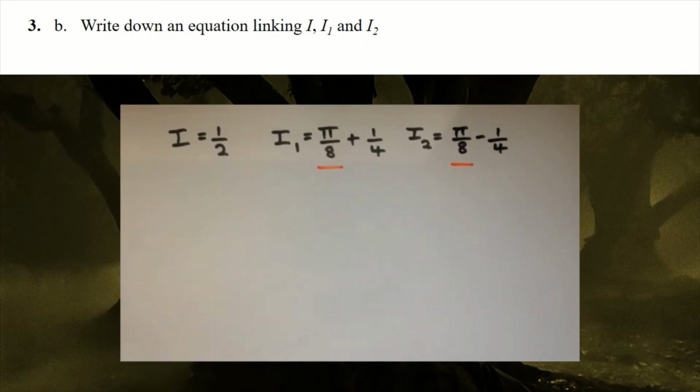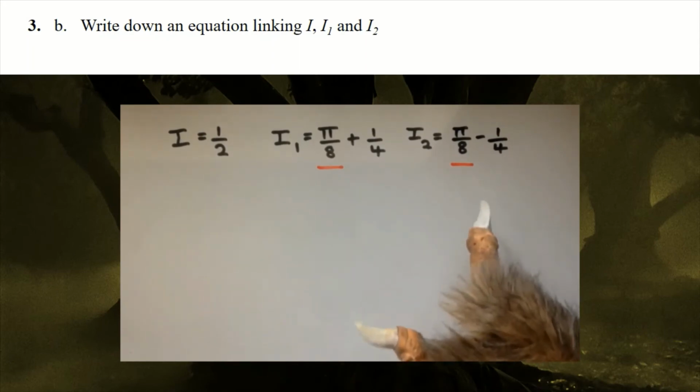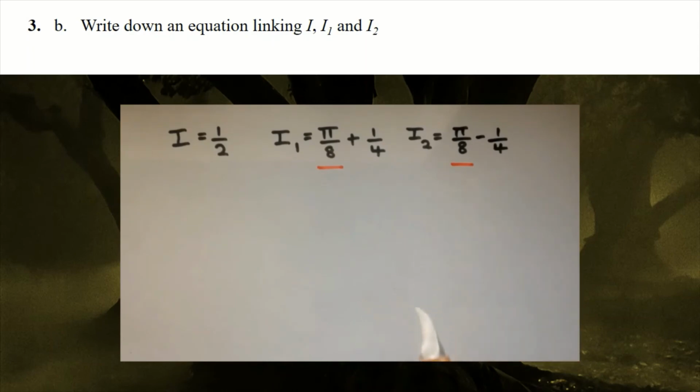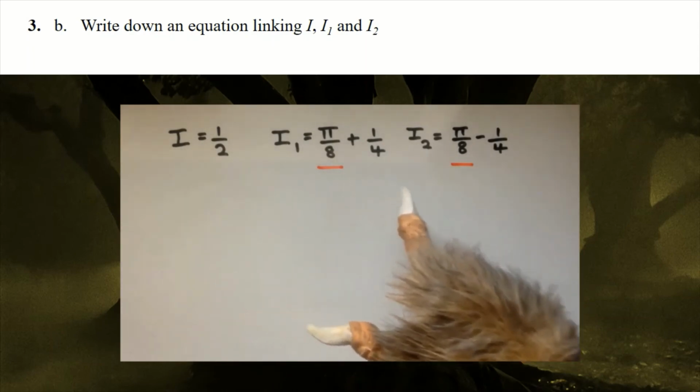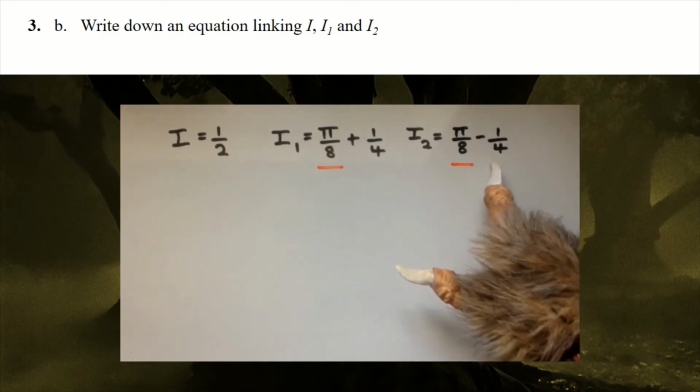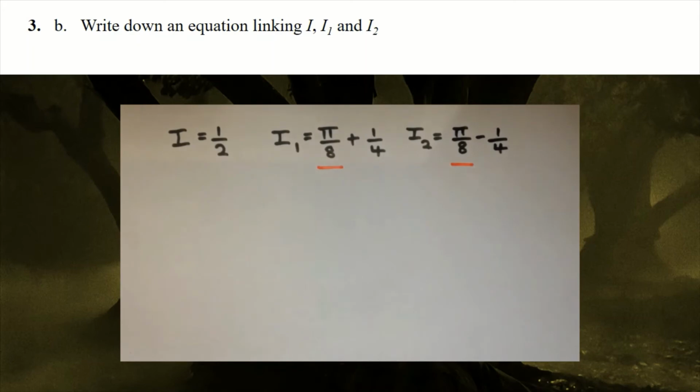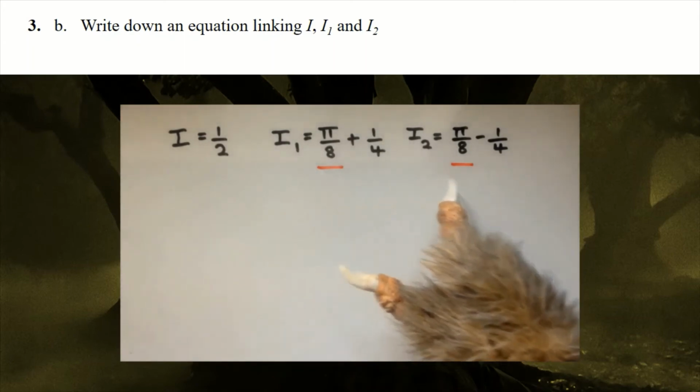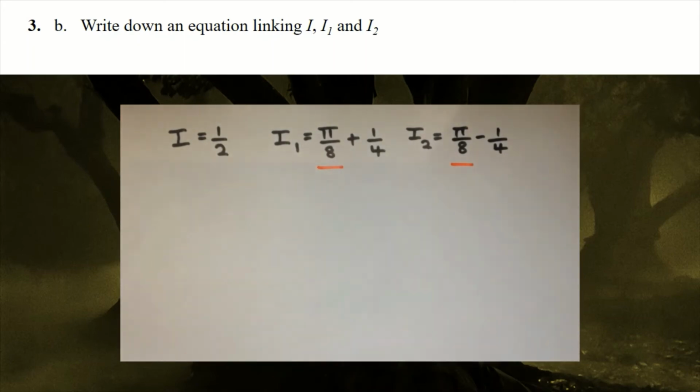Now, if I subtract I1 from I2, the pi over 8s will cancel, but I'm going to have negative 1/4 subtract 1/4, which is negative a half. I don't want that. So the only way I can do this is if I take I1 and then subtract I2 from I1. And you'll get there just with playing around with these numbers a little bit.